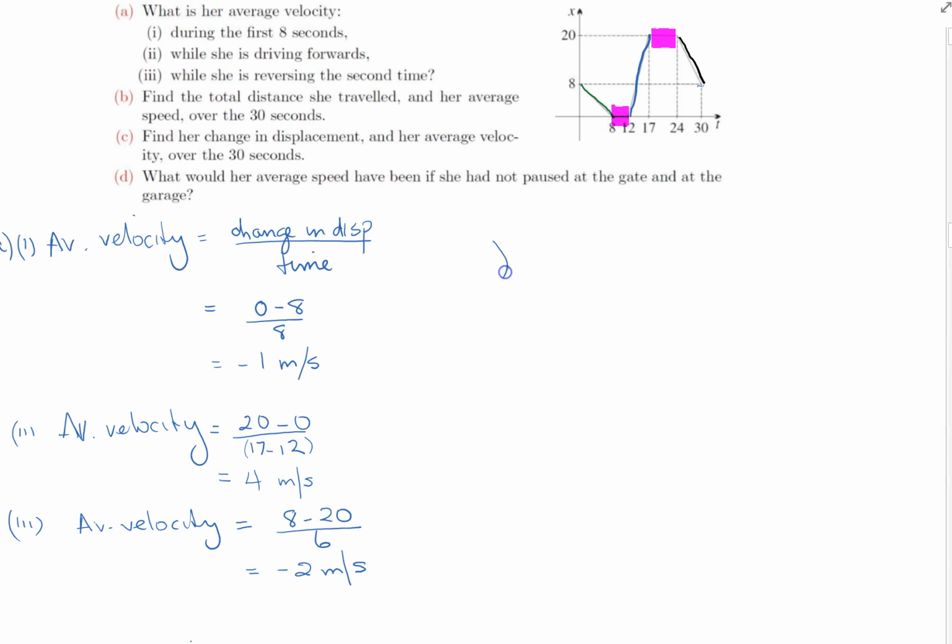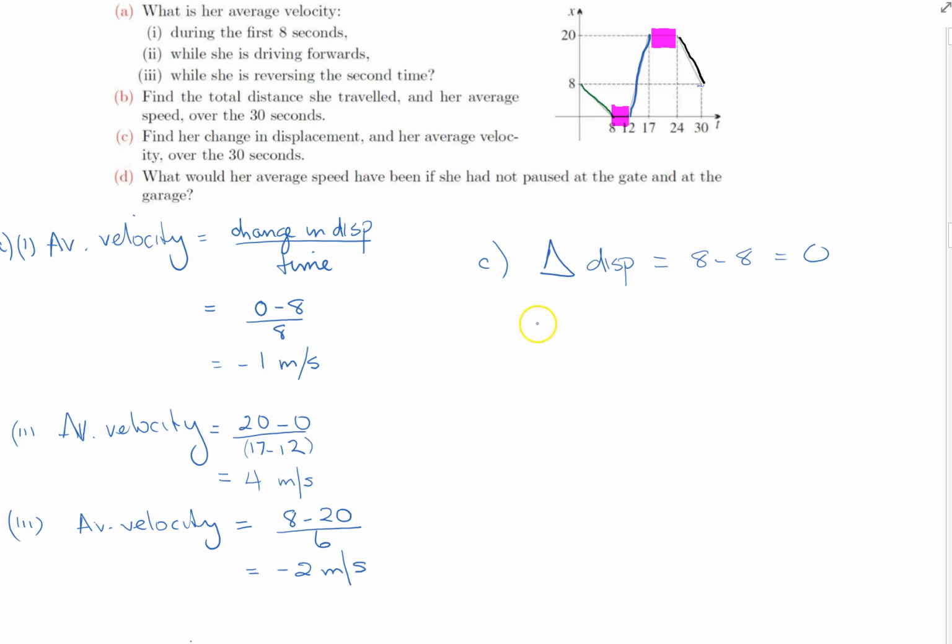C says find her change in displacement and then average velocity over the 30 seconds. So her change in displacement, delta displacement, change in displacement. She went from 8 and she finished at 8. Finished at 8, started at 8, she's got 0 displacement.